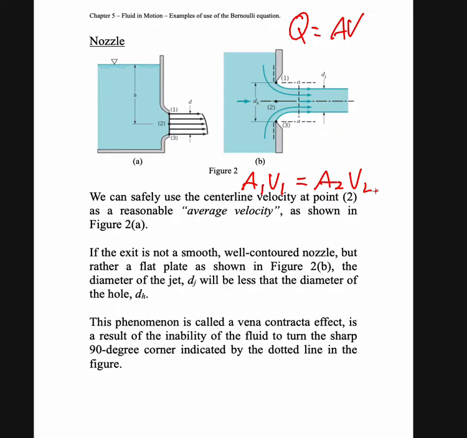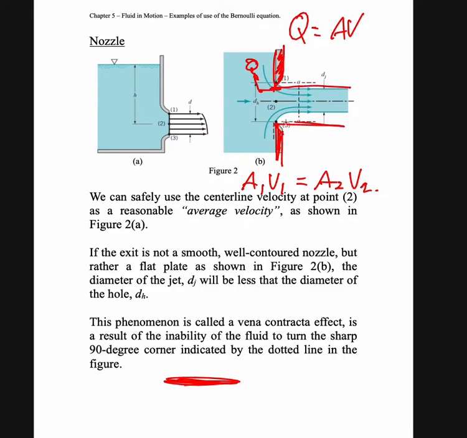So here what you need to be careful about is, let's say we have a hole like this one. The wall is very sharp like this. As said here, the fluid does not have the ability to turn 90 degrees. So the molecules cannot turn themselves 90 degrees to move like this.